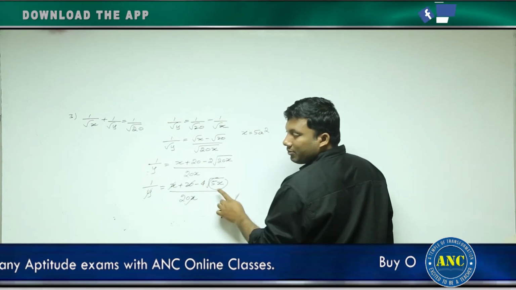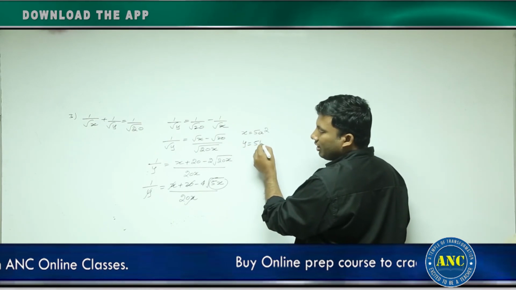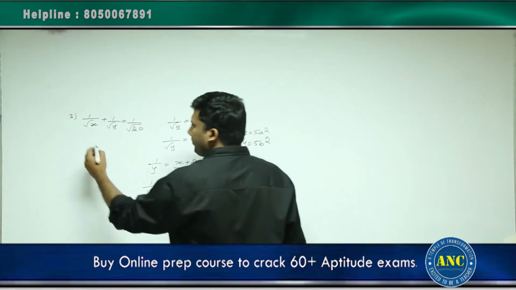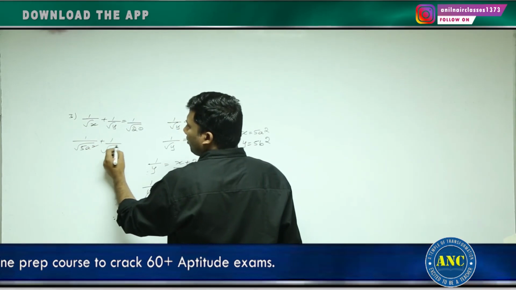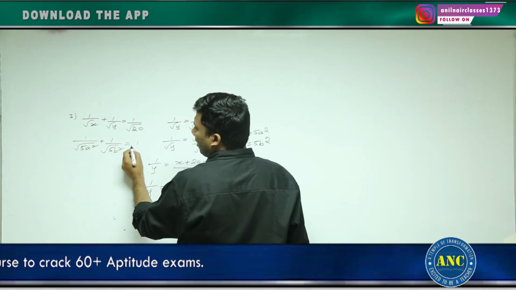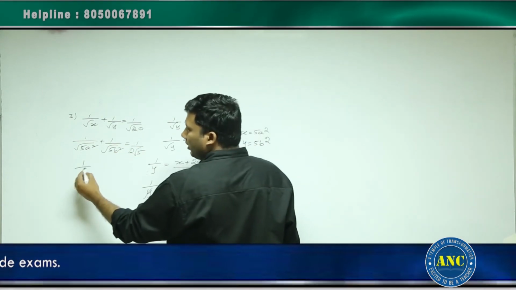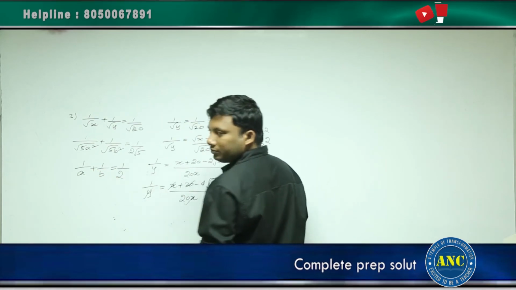I will get 5y, y is nothing but 5b square. So this is nothing but 1 by root of 5a square plus 1 by root of 5b square equivalent to 1 by 2 root 5.